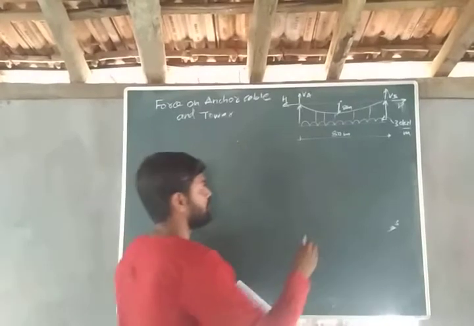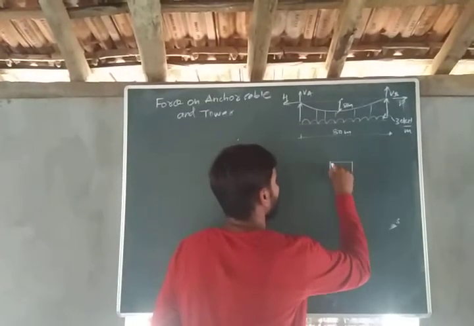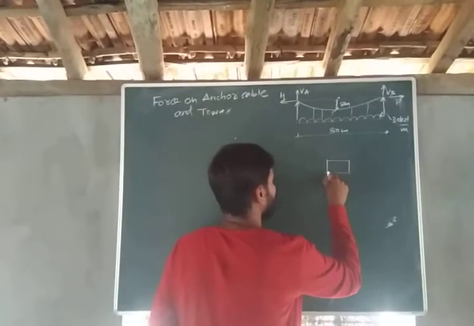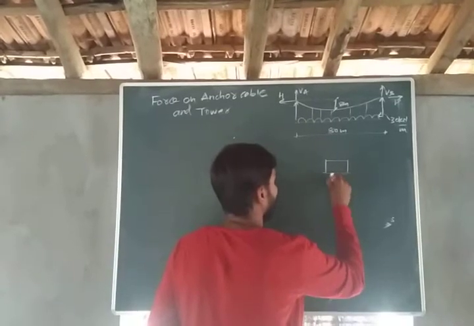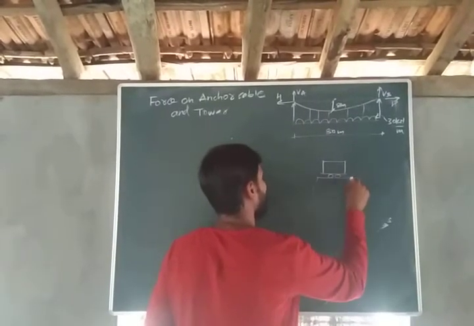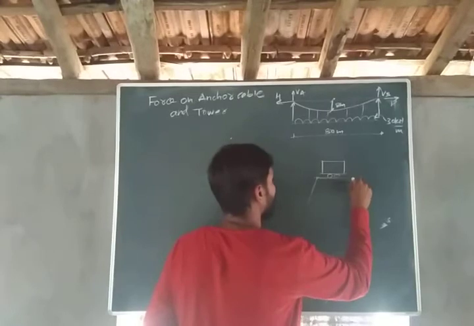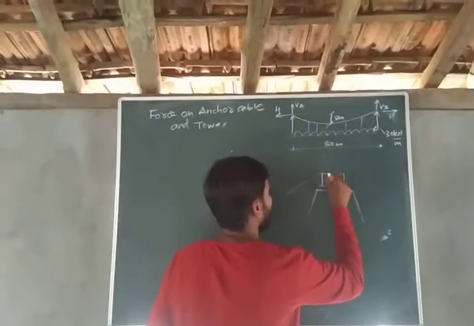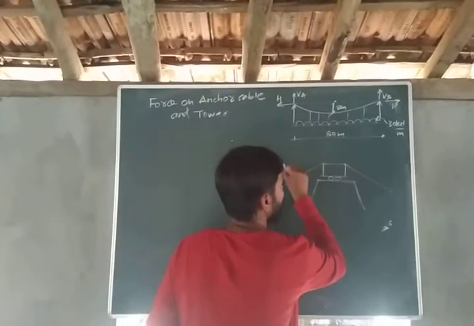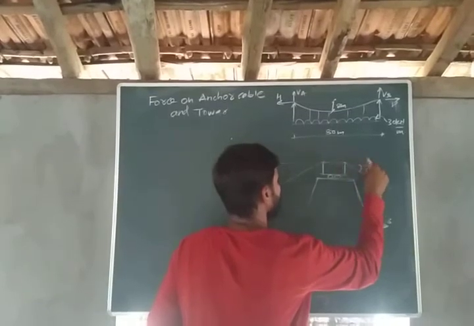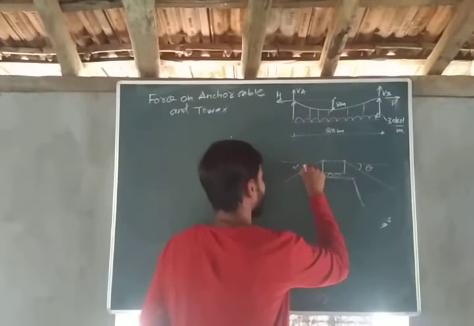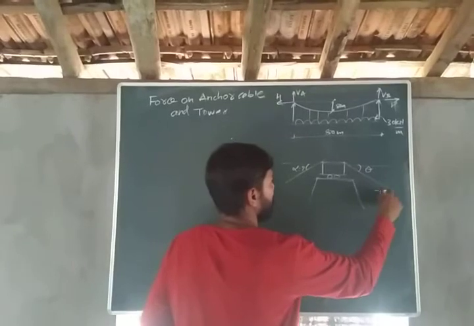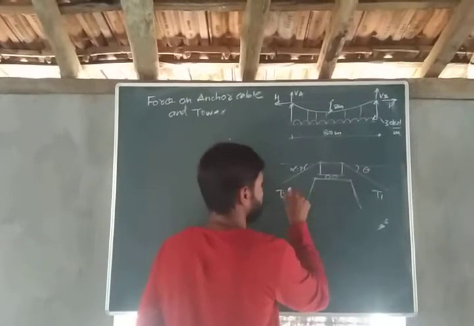So for saddle arrangement, this is the saddle. This inclination is given and this we have to calculate. This is T1 and this is T2.